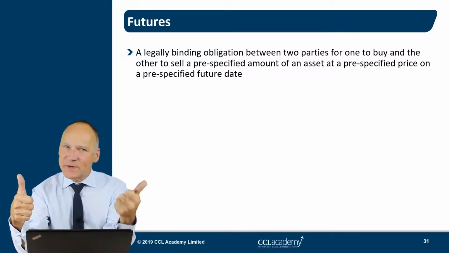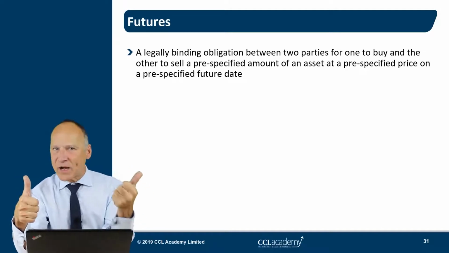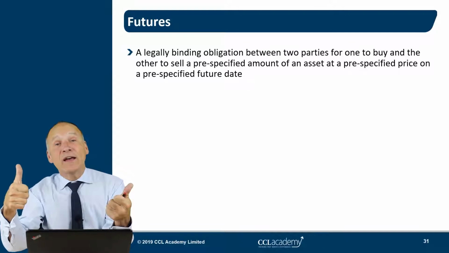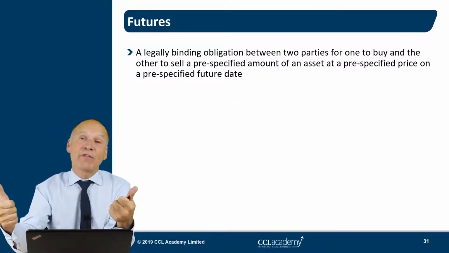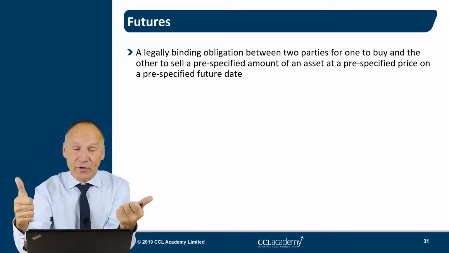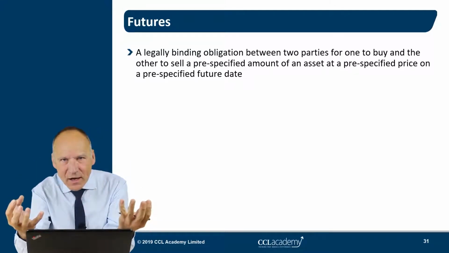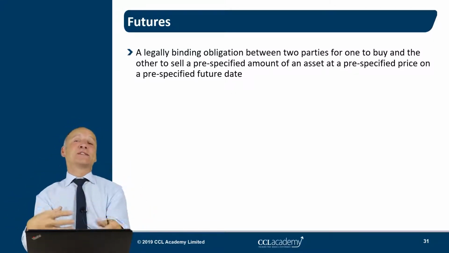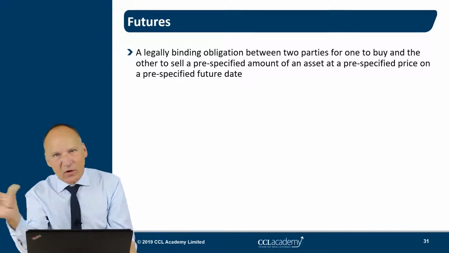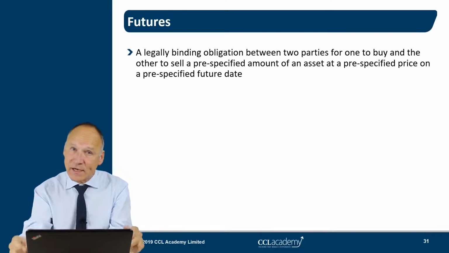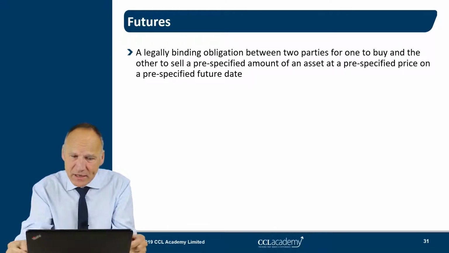The buyer is committing to buy 1,000 barrels of Brent crude oil in 3 months. The seller is committing to sell that 1,000 barrels of Brent crude oil in 3 months, and they are agreeing a price at the outset, and I'm going to presume the price is $65 a barrel, which is approximately where the oil price sits at the time we're making this particular video.